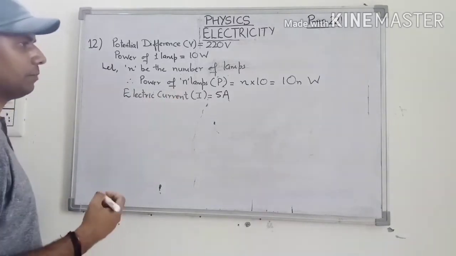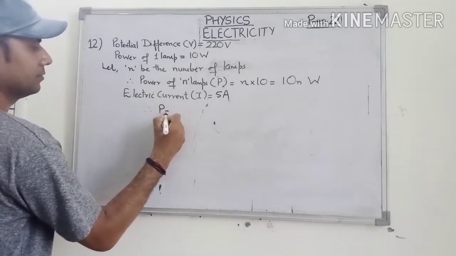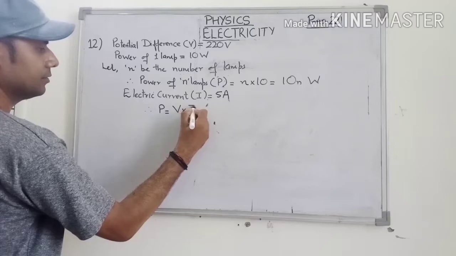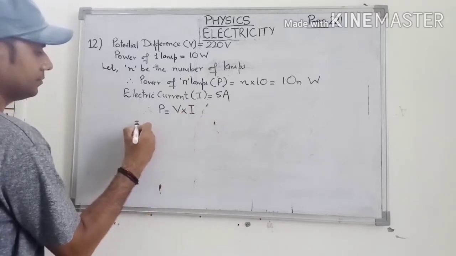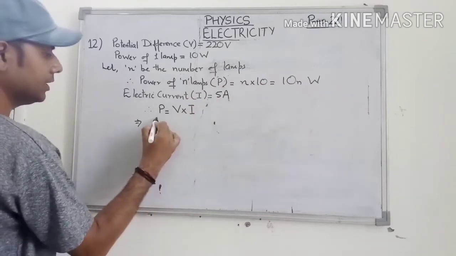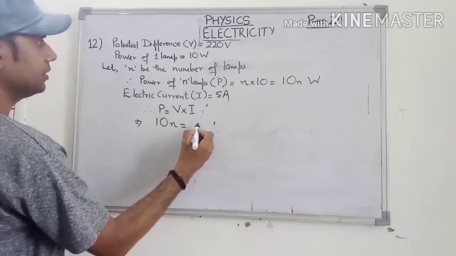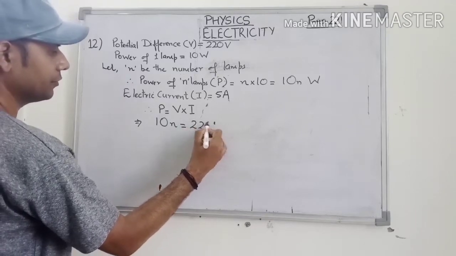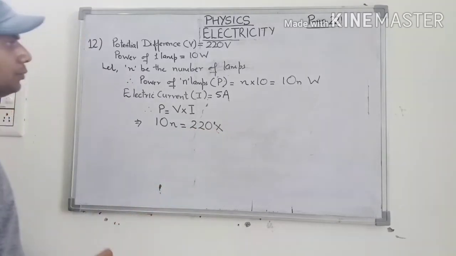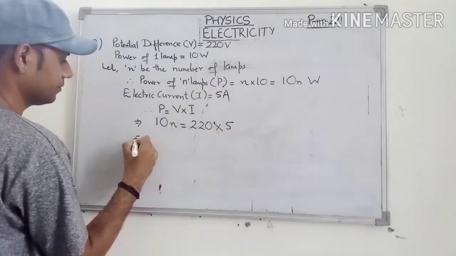So what is the formula of power? It is V into I. What is power of n lamps? It is 10n. What is V? 220 into electric current is 5.